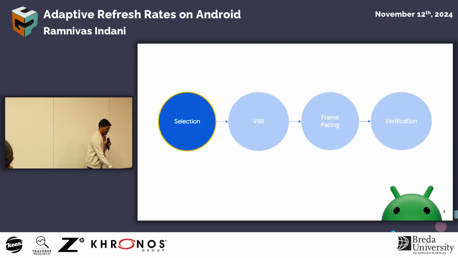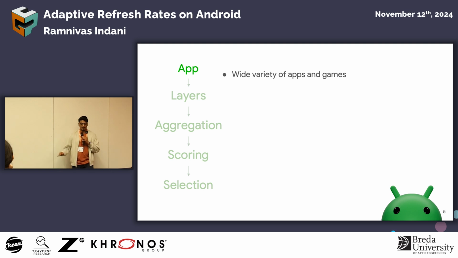So let's start with selection. This is for the apps. We have a wide variety of apps and games on Android. They range from fixed frame rate ones that use the Android toolkit, like buttons and all of that, to games which don't use any of those components. There are different game engines and all of that. On top of that, we have a wide variety of Android devices.